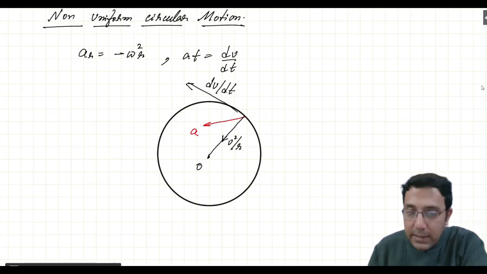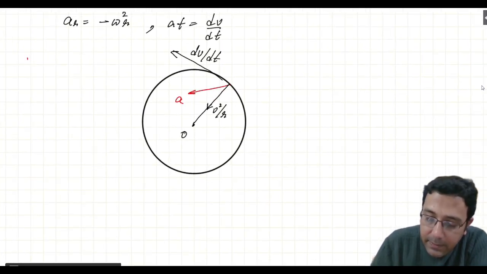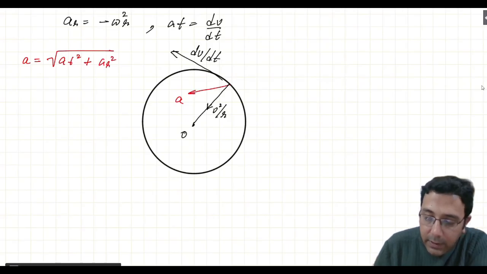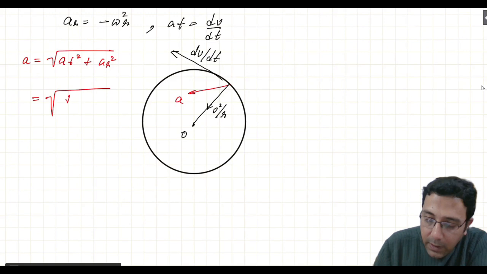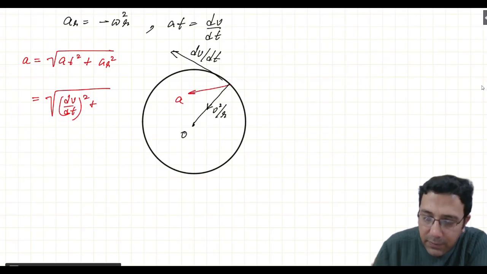So a can be written as square root of AT square plus AR square, that is square root of dv by dt whole square plus v square by r whole square. It is positive only because I am squaring.